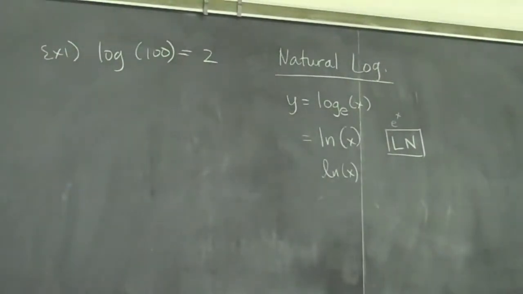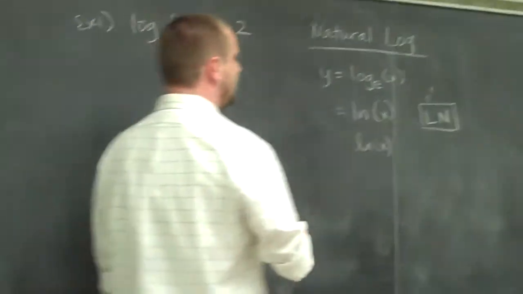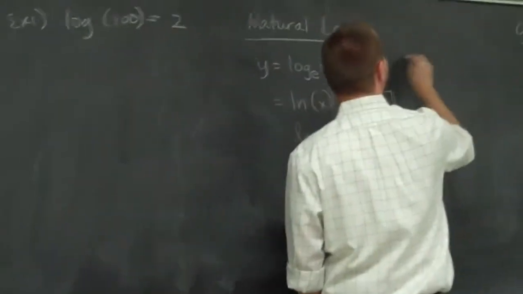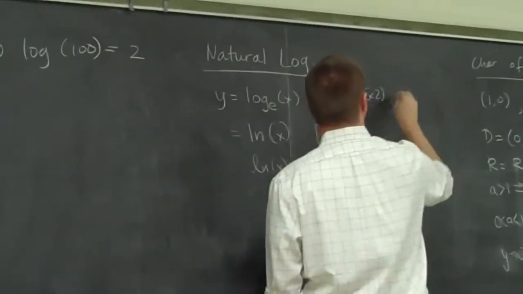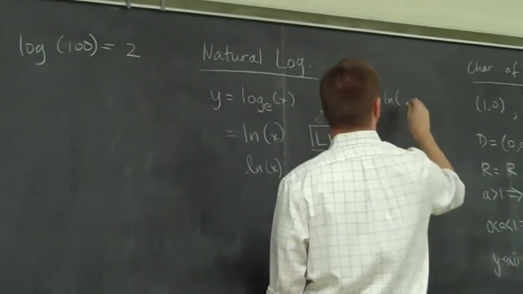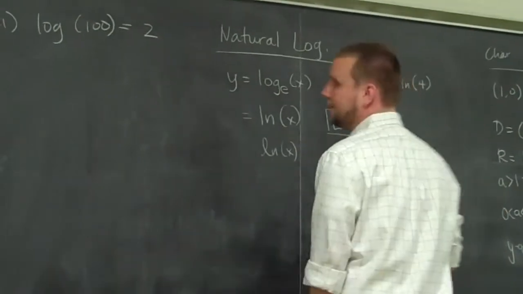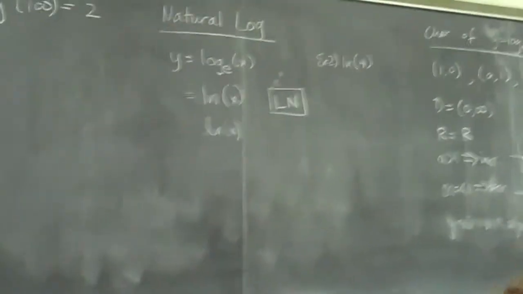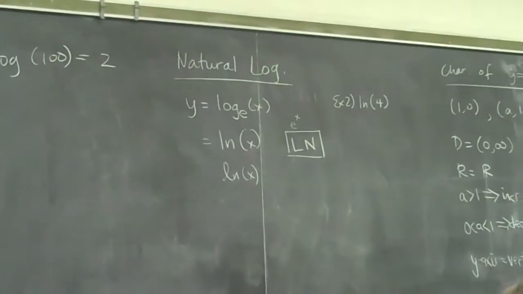So we've got this natural log function. Now the natural log function, it plays similar, but just a little bit differently. So if I ask you, what's the natural log of 4? Then that's simple enough with the help of the calculator. Natural log of 4, close parentheses. And let's go to 4 decimal places.